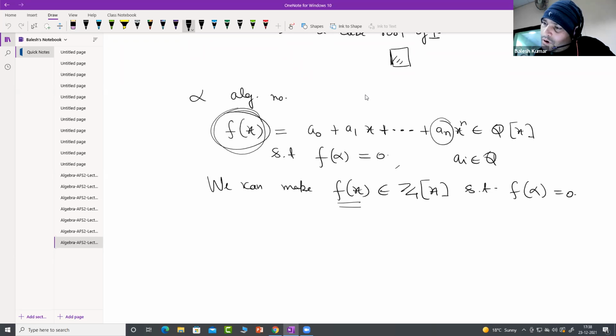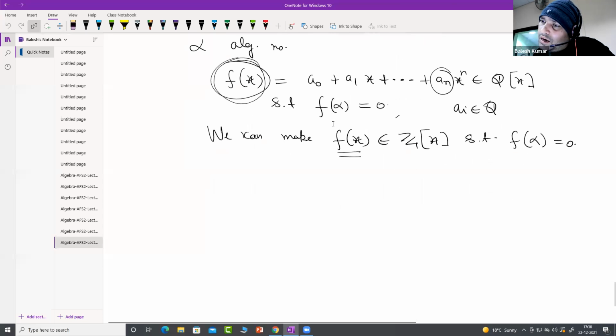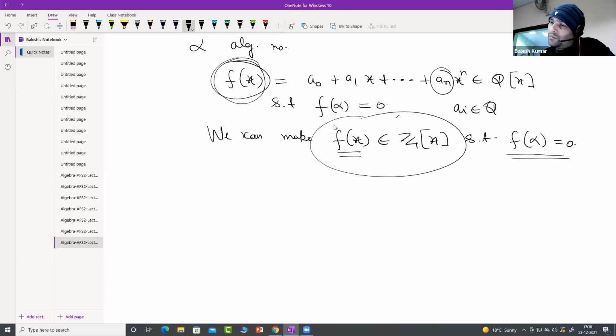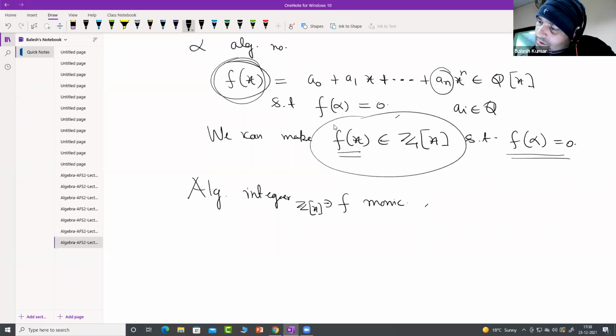For algebraic numbers, one can again say that there exists a polynomial with integer coefficients for which f of alpha is 0, but algebraic integers require the condition that f should be monic, and it should be inside Z of x, such that f of alpha is equal to 0. Then alpha is an algebraic integer. So this is the thing that I would like to say.